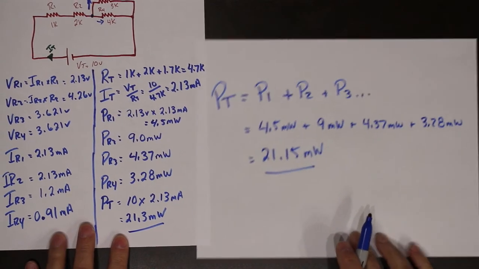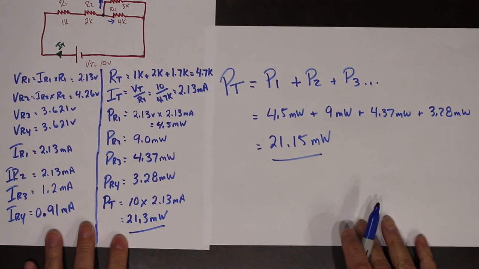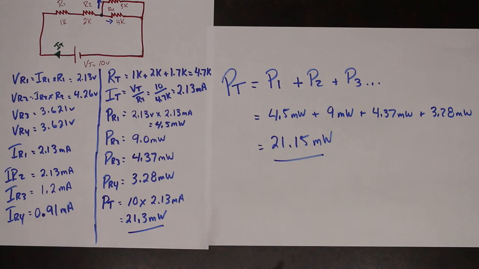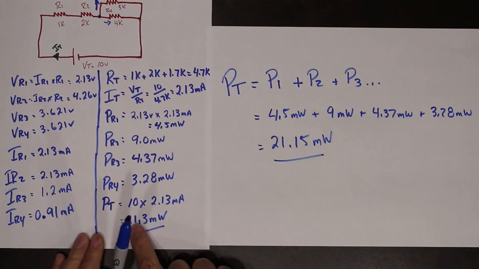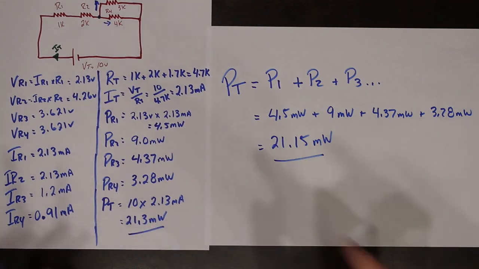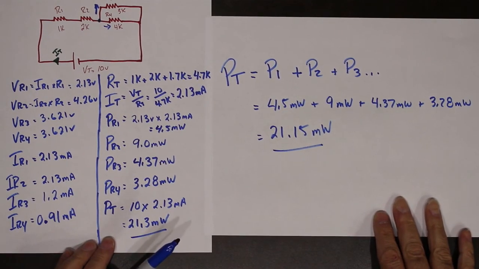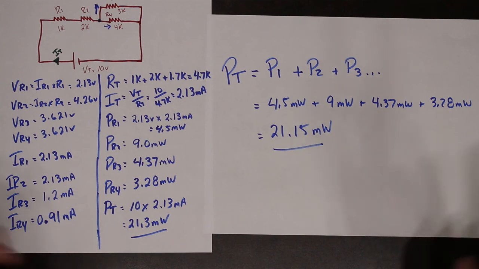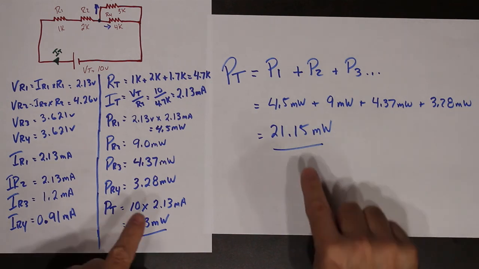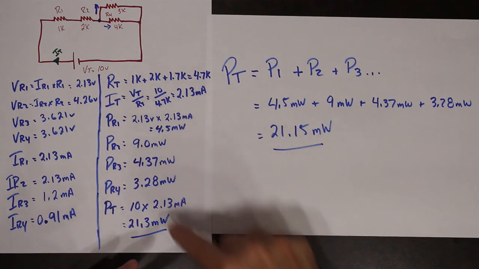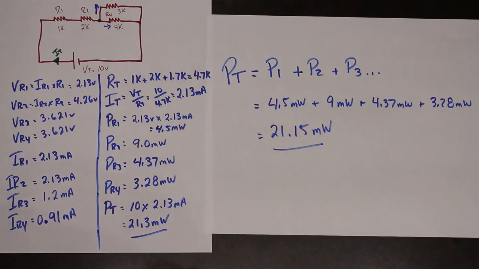So with our error in rounding off and so forth, 21.3, 21.15, those two are virtually equal. Again, the error would be in our rounding of our calculations.